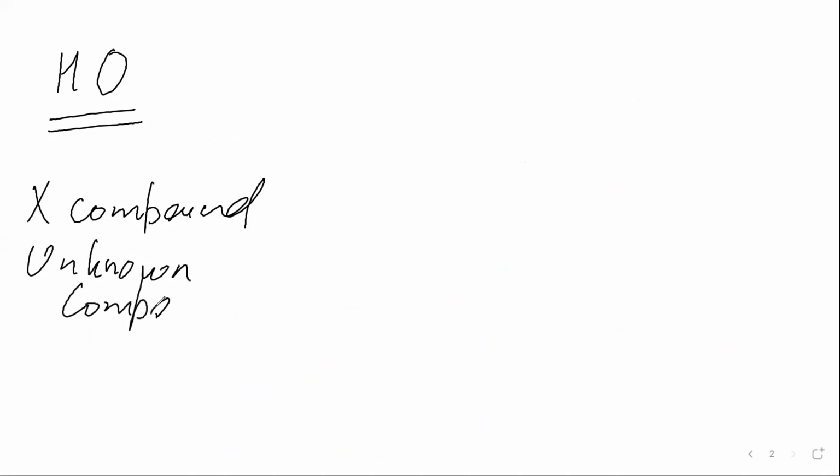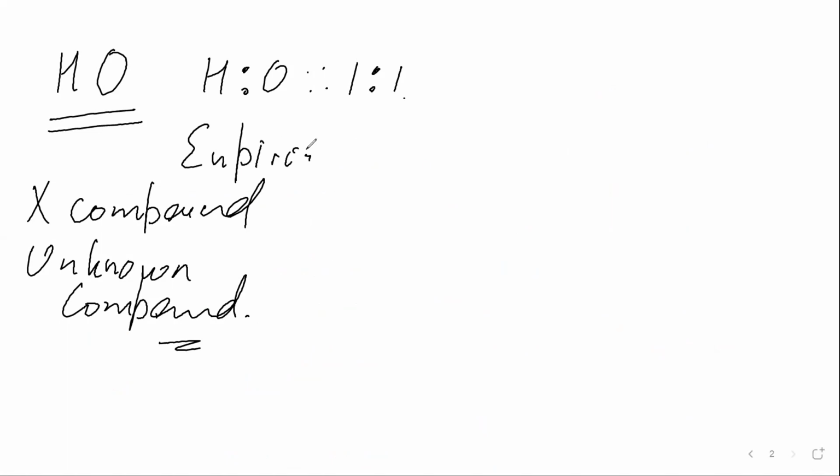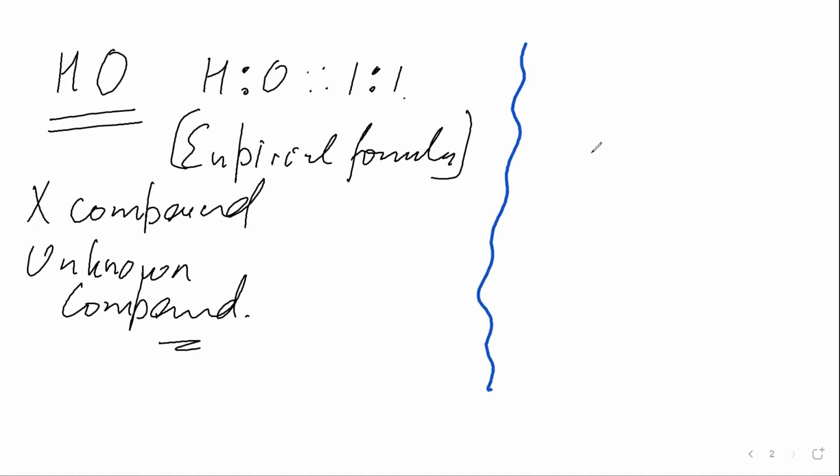What I am able to derive for this unknown compound is that it just has hydrogen and oxygen, and the ratio of hydrogen and oxygen is 1 is to 1. Is it making sense? And I understand that this is the ratio only. So this is the empirical formula. But then I am provided with some additional information.